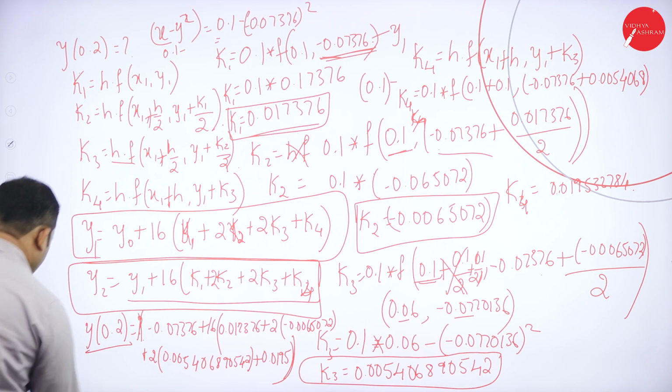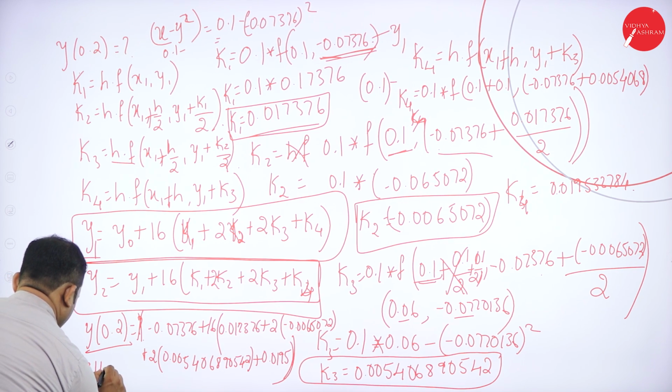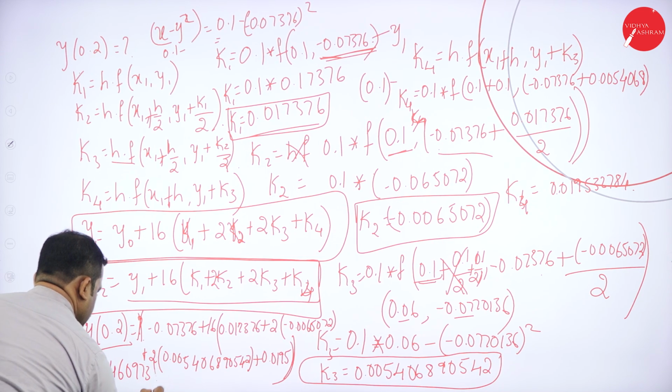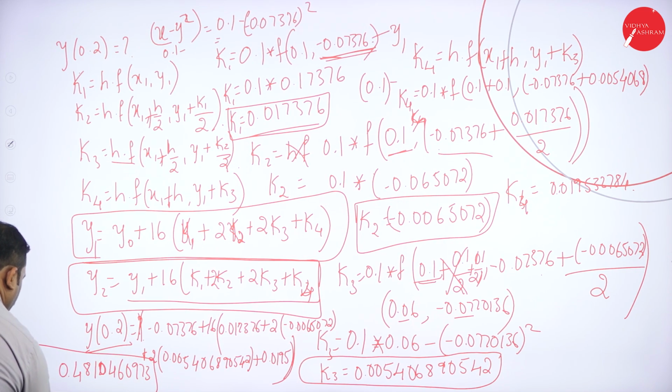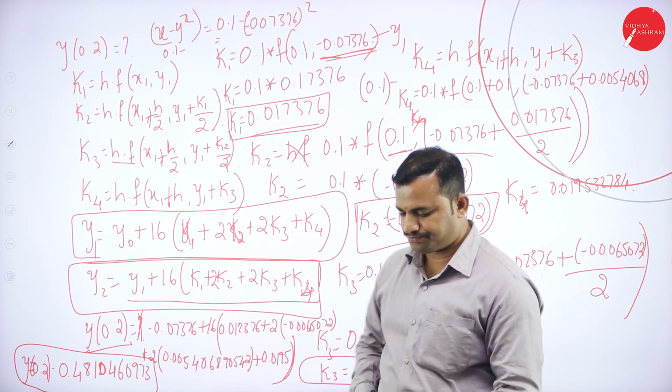I am getting the value which is equal to 0.48110460973. This is the value of y2. That is, y of 0.2 is equal to this value. So this is the final answer.